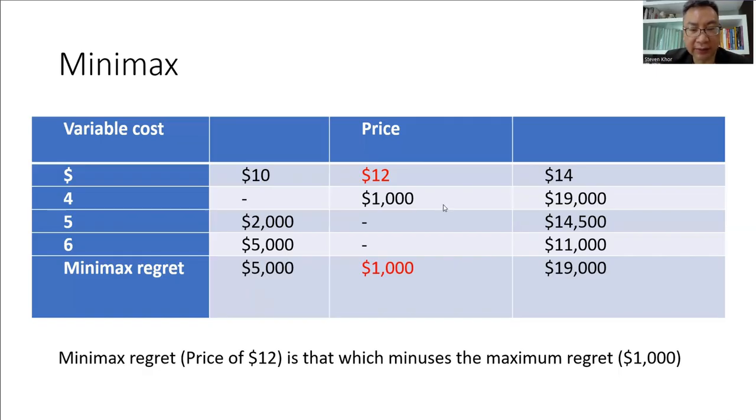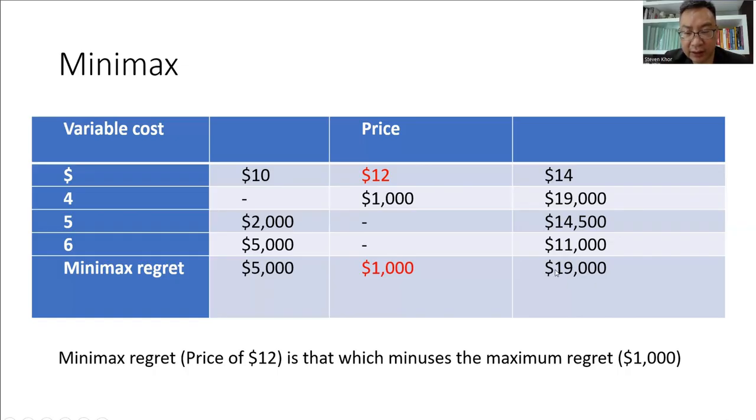All right, so let's say you set the price at 12. Then with the variable cost of 4, the 1,000 is the regret that you are getting. And at 14, your regret is quite a lot here. So 19,000 for the variable cost of 4, then 5 is 14,000, then 11,000.